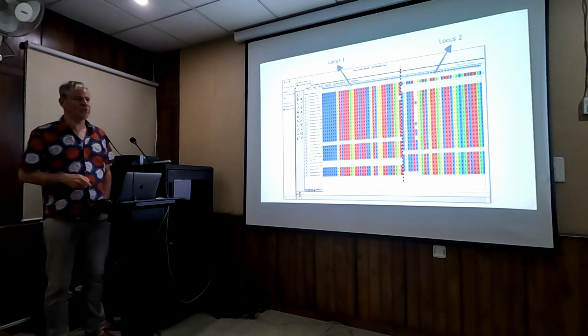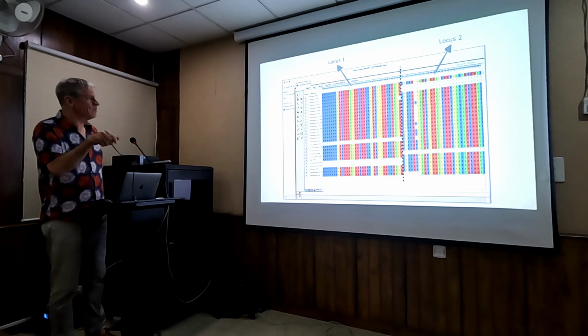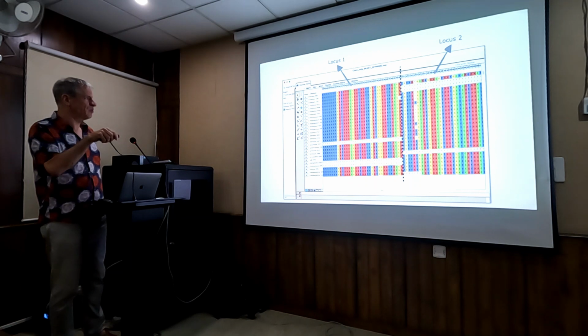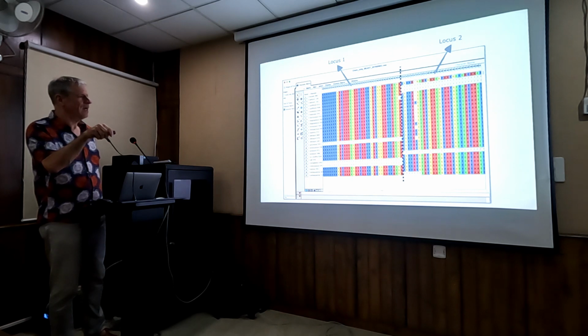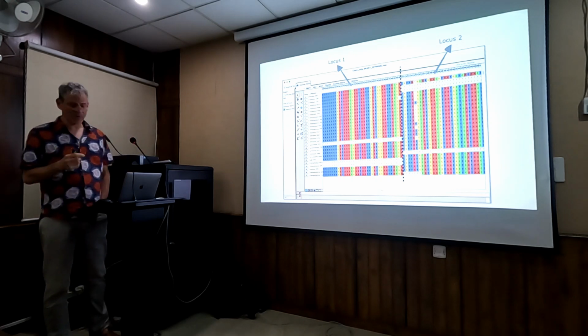So in this case it's two loci, two genes or whatever. So this is the first gene, and here you've got the boundary. And then, for example, for this species, Chrysosperma cauliflorum, this is the sequence of, say, gene 1, and then nicely glue the sequence of gene 2 just next to it. That's data concatenation.